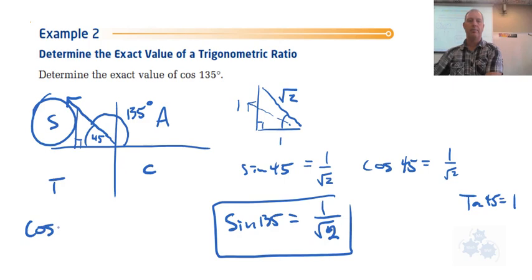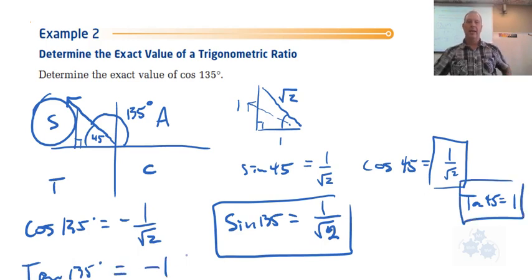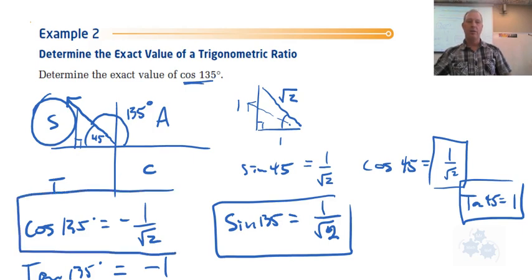The cosine of 135, we refer to the cosine of 45, and I have to make it negative. Negative 1 over root 2. And the tan of 135 is the same as tan of 45, which is 1, but I have to make that negative as well. Now, I guess this one just asked for cos, right? I just did all three for you, but there's the one that it asked for.